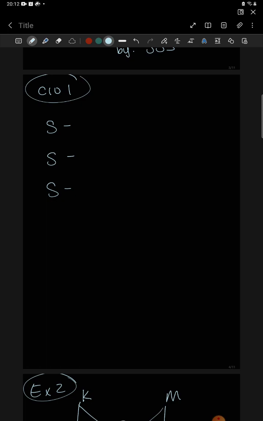All right, so it says, use SSS to explain why triangle ABC, I'm going to go ahead and write that, triangle ABC is congruent to triangle CDA. Well, I bet I know where we're headed with this, but we have to fill in the pieces. Okay? So our first side is given. Second side is given.